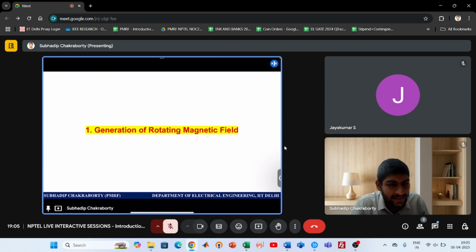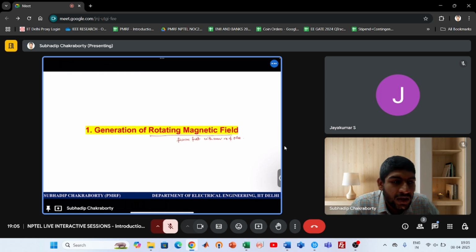So without wasting much time, let us proceed with the rotating magnetic field. We already discussed how a rotating magnetic field is generally created. It is a fictitious field that you generate with an even number of poles, right? Why even number?